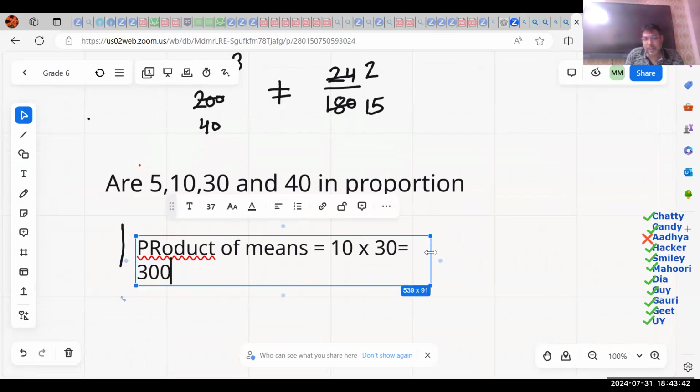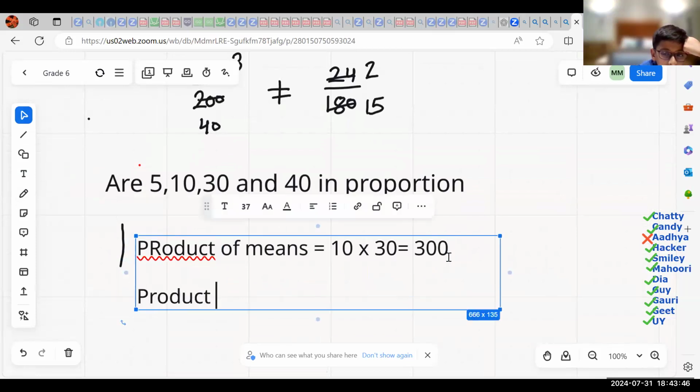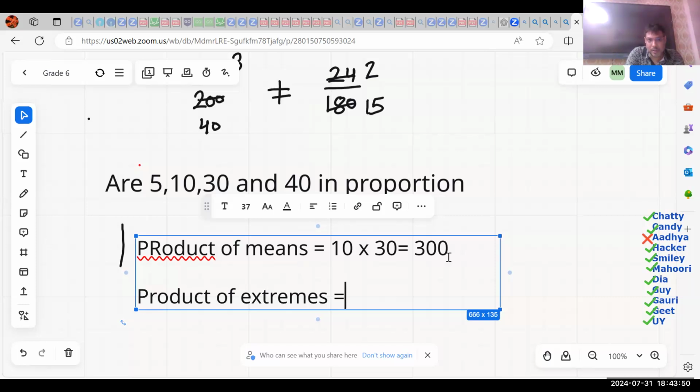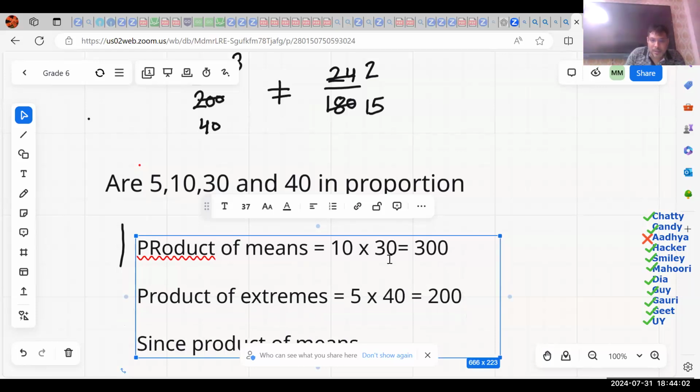And product of extremes is equal to 5 multiplied by 40, which is 200. So product of means is not equal to product of extremes.